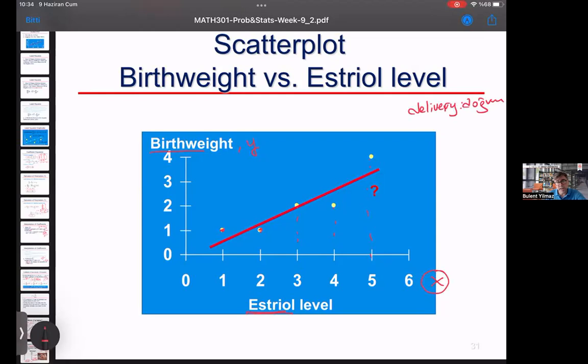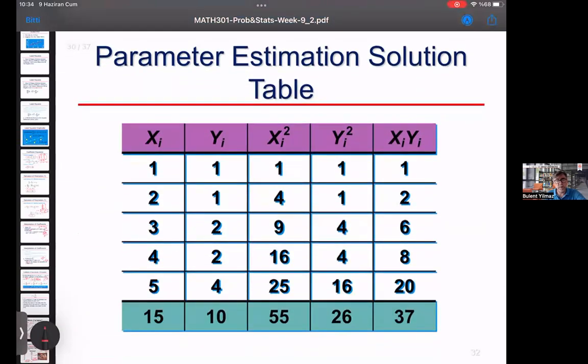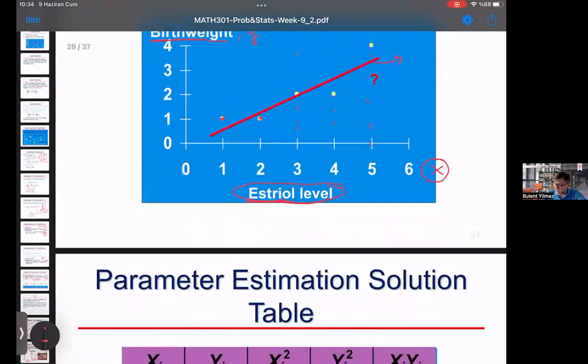Okay, so what's the main idea? I am trying to predict the birth weight of a baby using mother's estriol level. Using the data that I have, I'm going to come up with a prediction equation and find out the errors, how good I am doing this. How do I find this prediction line?